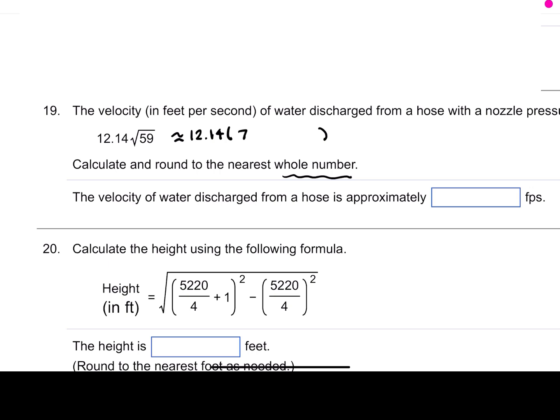That's 7.681. I'll multiply that by 12.14. And I get that this is approximately 93.249 and so on. I can put everything that's behind the decimal, but I don't need all that, do I? Because I only want it to the nearest whole number. So I'm just looking at this 2 here. To the nearest whole number, it's 93. 93 feet per second.